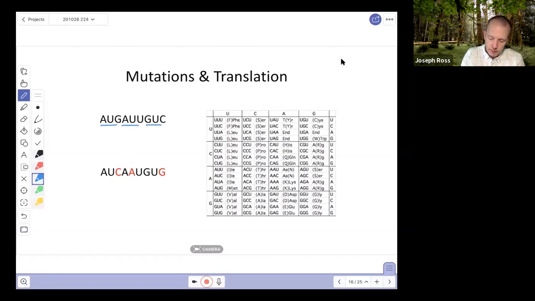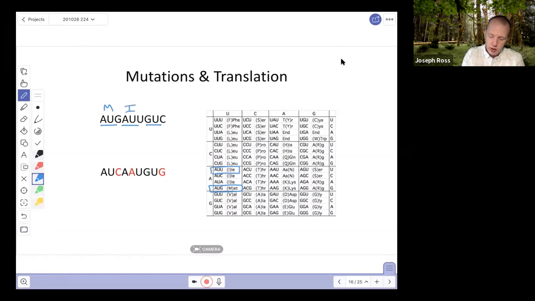So AUG, there's a single codon. That's the only codon of the 64 on the table that encodes methionine. And then we've got AUU, which encodes isoleucine.